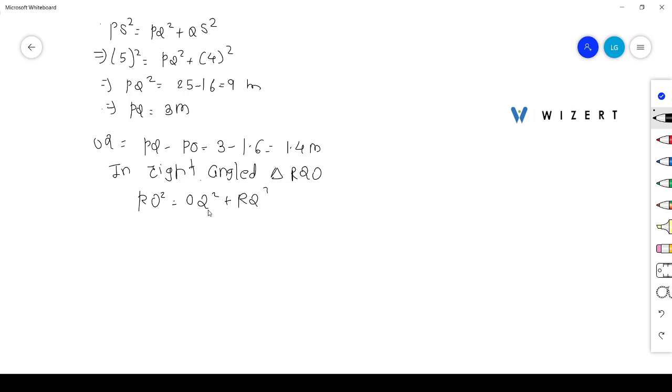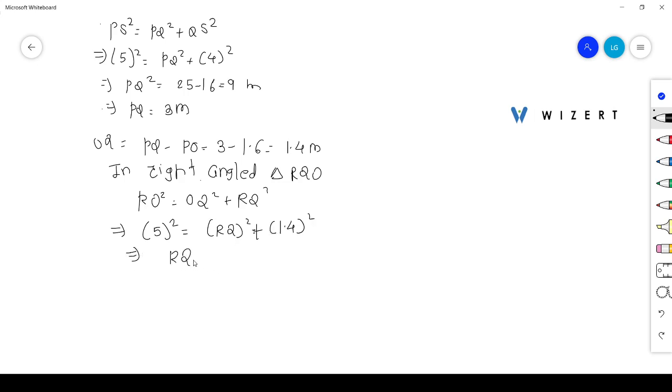This is by Pythagoras theorem. So substituting values here, RO is 5, so 5 square equals RQ square plus OQ square, means 1.4 square.